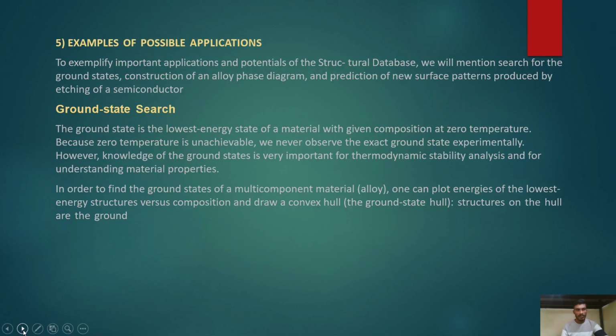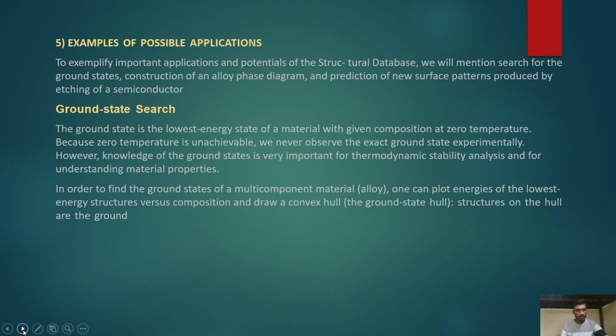Examples of possible applications. Two examples of important applications and potentials of the structural database: ground state search and construction of an alloy phase diagram, and prediction of new surface patterns produced by etching semiconductors.